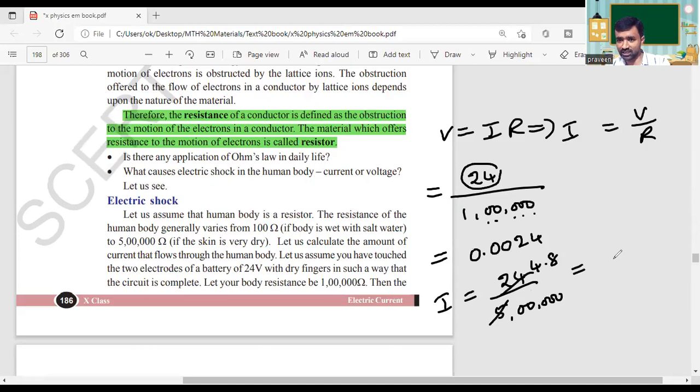So moving the decimal point to the first place, second place, third place, fourth place, it is 0.00048. So I got the mistake, right? So I solved it. So what happened here? As the resistance decreases, the amount of current passing through your body increases.